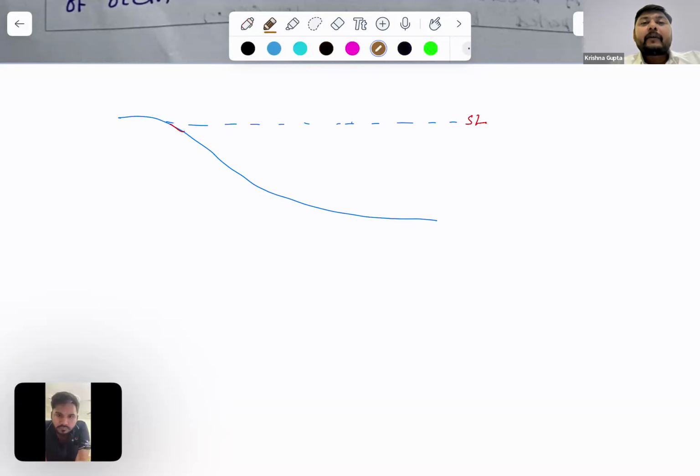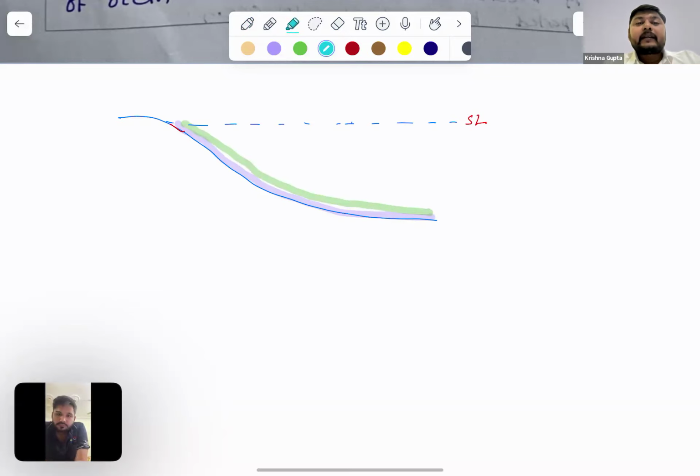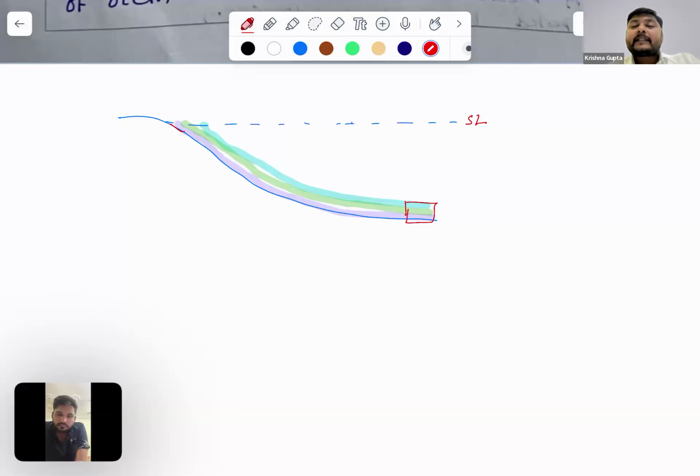With time, there will be certain deposition of materials in layer form. For example, this is layer 1, then layer 2, then layer 3. This is one part of the conformity. If I take out this rock and see that the rocks are unaltered, they are called conformity.